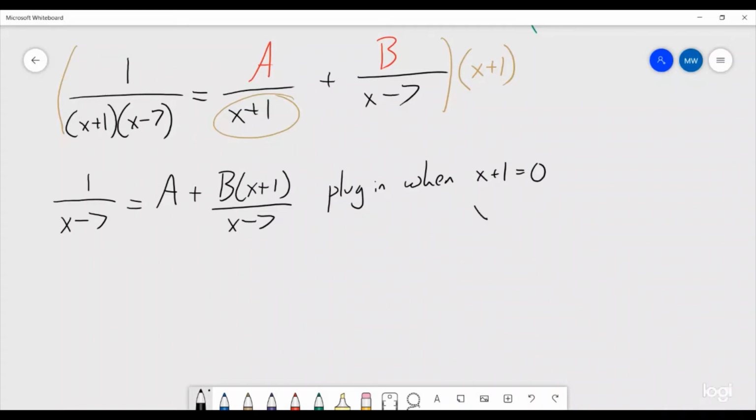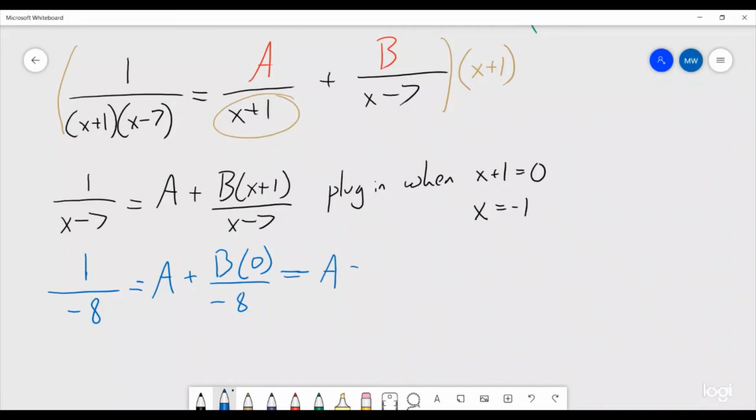So that means we are plugging in x equals negative 1. So that means that we get 1 over negative 1 minus 7, that's negative 8, is equal to a plus b times 0 over negative 8. So this is just equal to a. So in other words, a is negative 1/8, which is the same thing we found at the beginning.